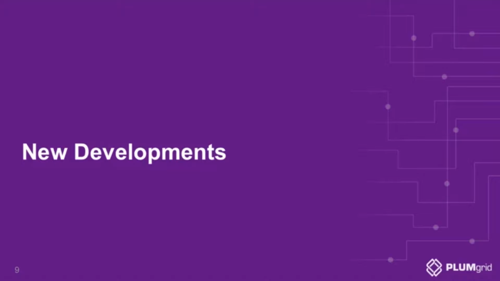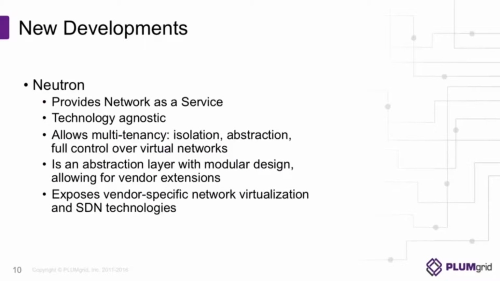So what I'd like to do is concentrate a little bit on Neutron, because this is what enables us and our clients to achieve a solid high availability for our networking.